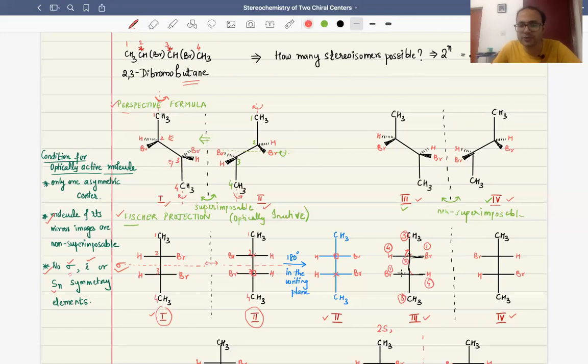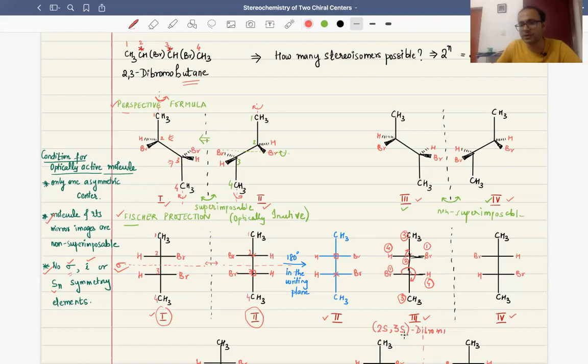Now if I move from 1 to 2 to 3, it is again a clockwise direction, but H is above the plane. Therefore, the configuration of the third carbon would again be S. So we will write 2S,3S-dibromobutane. This is how you will write it for the full compound.